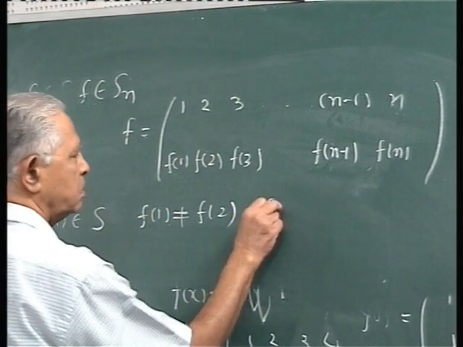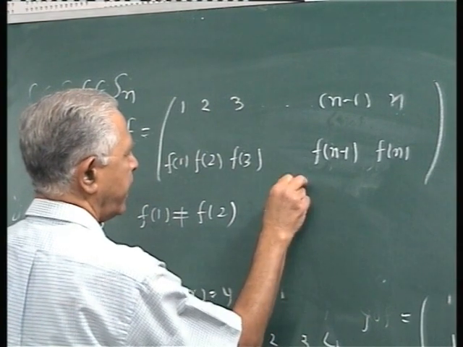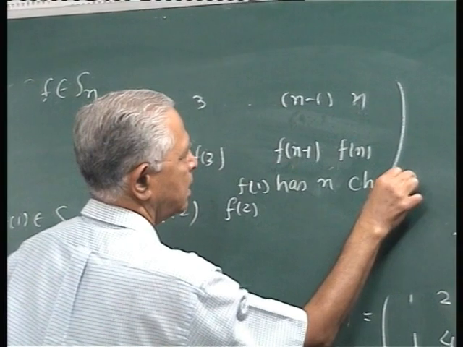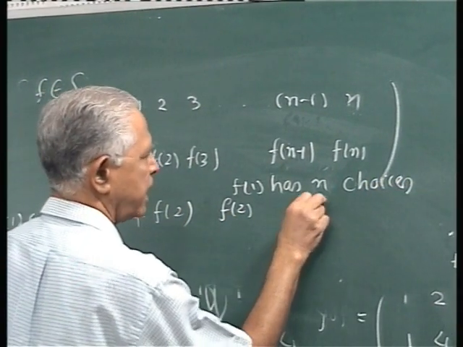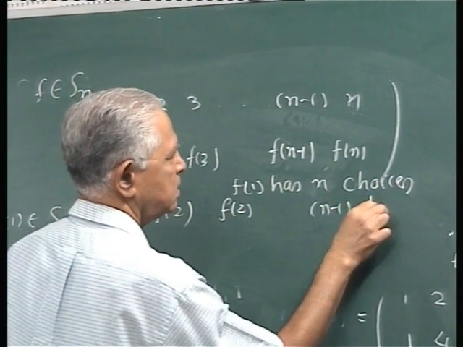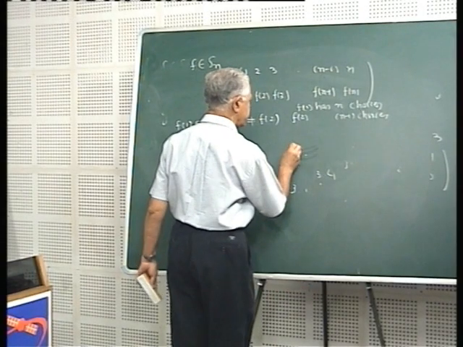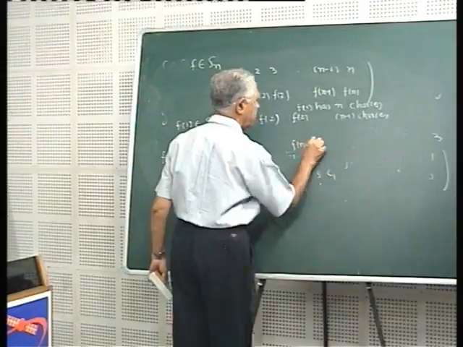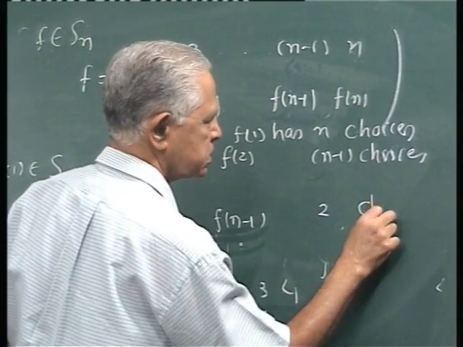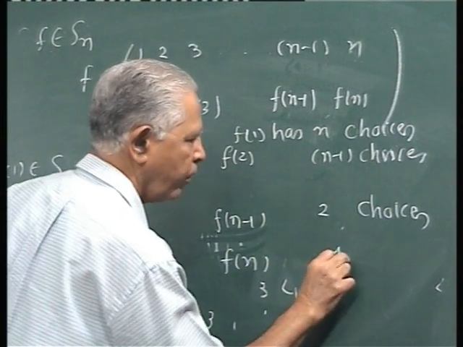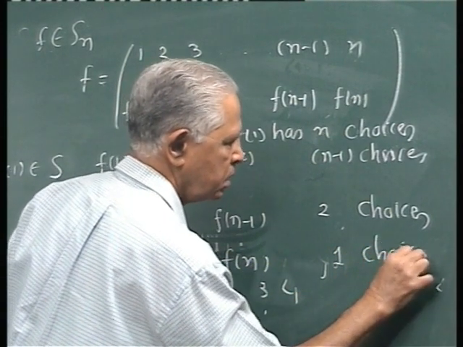So f(1) has n choices, f(2) has n minus 1 choices. Continuing this process, f(n minus 1) has 2 choices, and finally f(n) has only 1 choice.